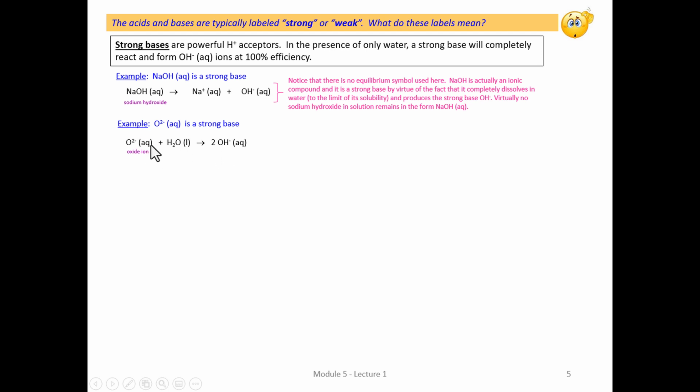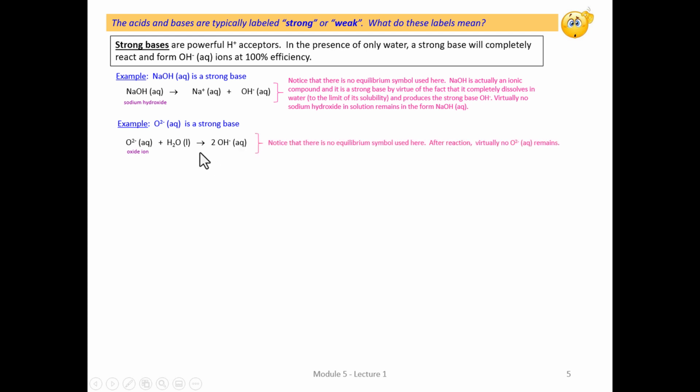It's a very powerful H+ acceptor. So every water molecule it finds, it will strip an H+ from that water molecule and form an OH-. And by virtue of an H+ coming from the water to the oxide, it also forms an OH-. So we get two OH- out of this equation.